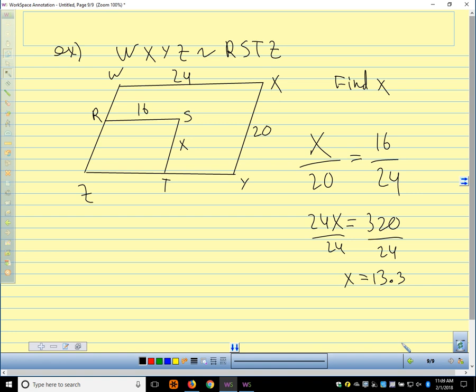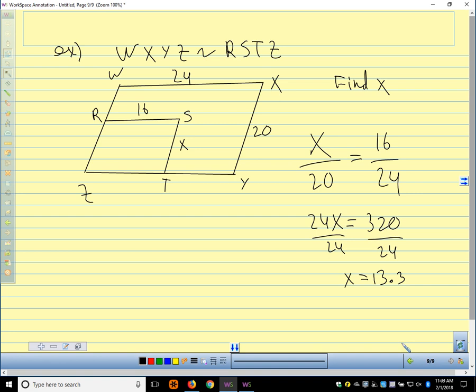What if I did this problem and I got that x was 25? What would that tell you? It would tell you that you did something wrong, because this is shorter than this, so this is going to need to be shorter than that.